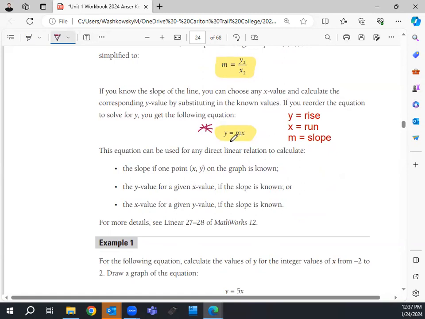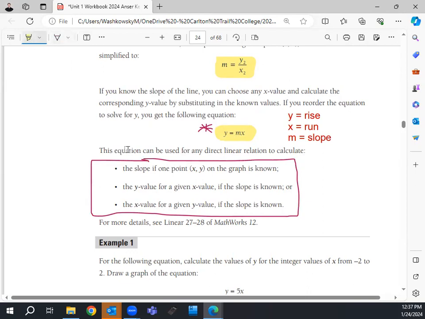If I know 2 of these things, let's say, for example, I know what the rise is and I know what the slope is, but I don't know what the run is, I can use this equation to do that, right? It's algebra. If I know 2 of the 3 things, I can always find the third. So this is what it's all used for down here in this little box. We're going to practice all of these skills, but basically, we can use this to calculate the slope.